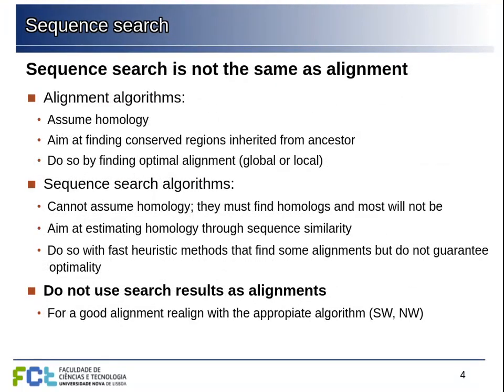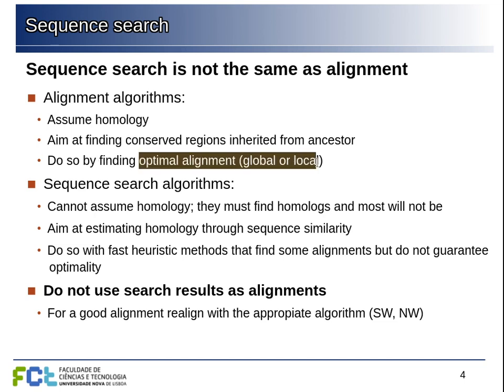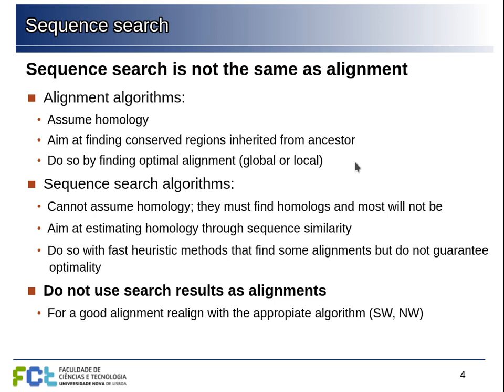Now, there is a big difference between searching and aligning in that with alignment we assume the sequences we are aligning are homologous. So we are going to try to find which regions in these sequences come from the same regions in the ancestor, and do that by assuming that homology can be inferred from the alignment. So we use the alignment between the sequences that we have to try to infer something about how they evolved into those differences.